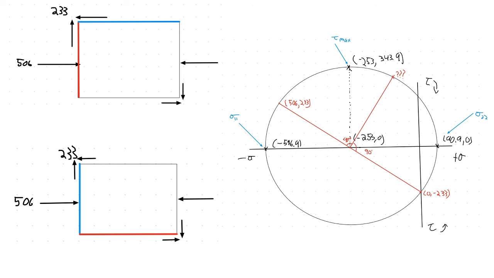That is how I explain why it's 2 theta. It's a whole 180 degrees from our original point of 0, negative 233 to get to our 506, 233. It takes a 180 degree rotation on our Mohr's circle to line up with what's happening after we turn our element 90 degrees. That's how I explain it.